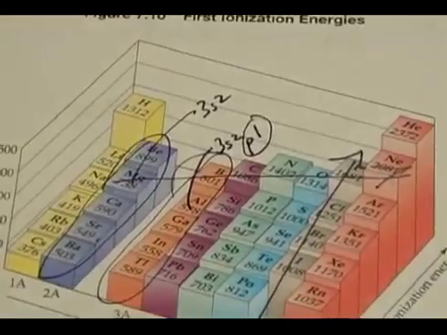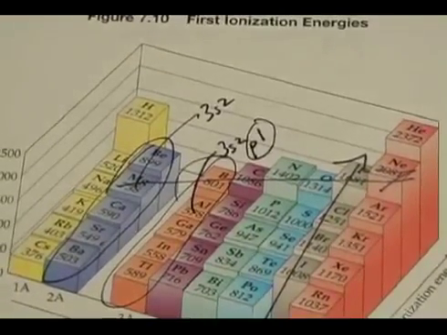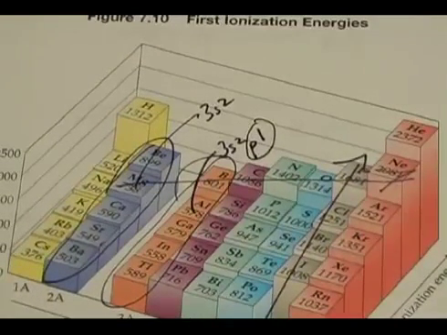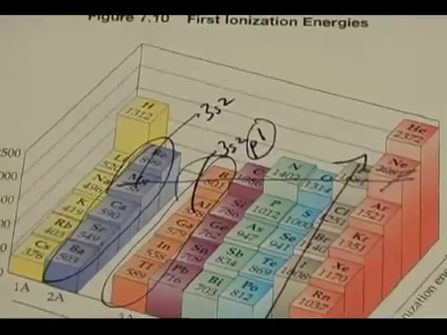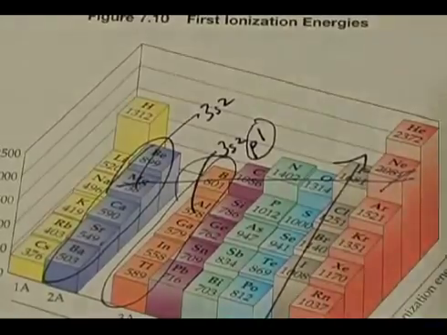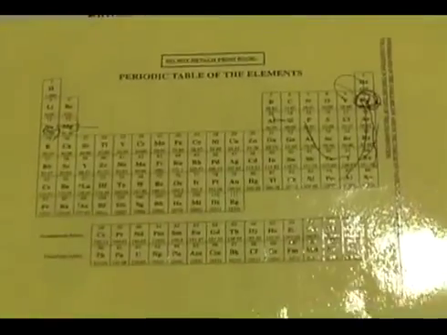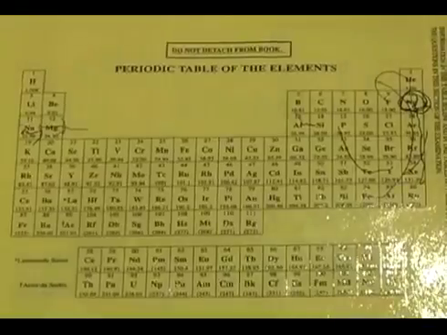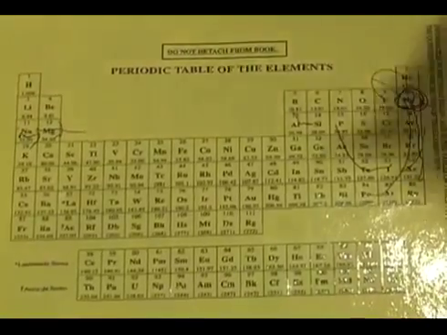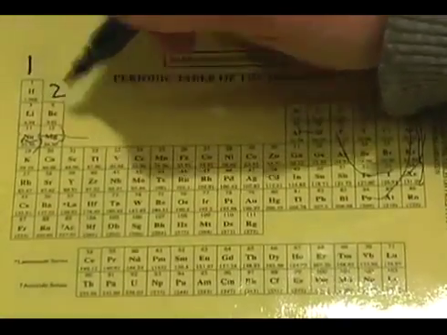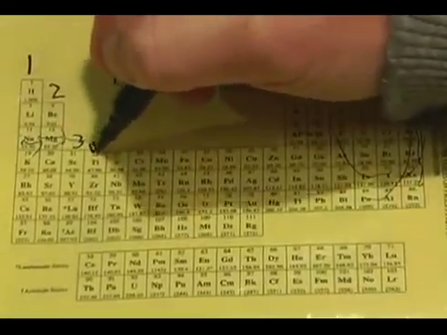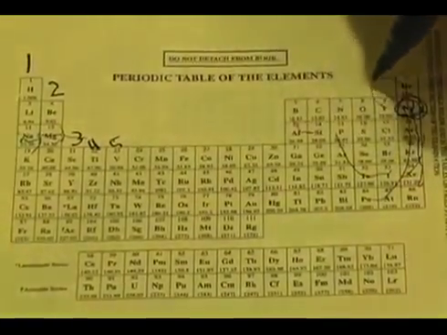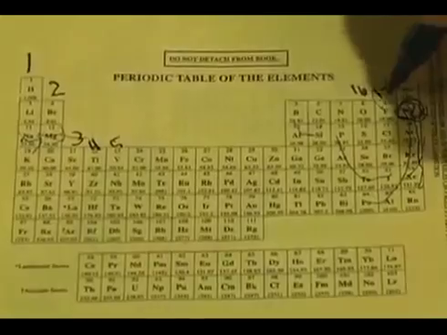This is probably a good time to pause for a second and talk about the makeup of the periodic table, because the periodic table has a number of different ways of naming its groups and families. I'll zoom in just a little bit again. Certain periodic tables number their groups as 1, 2, 3, 4, 5, all the way up to 18.